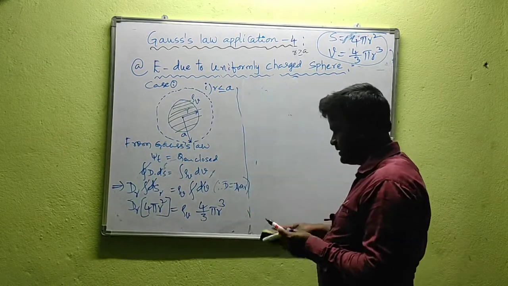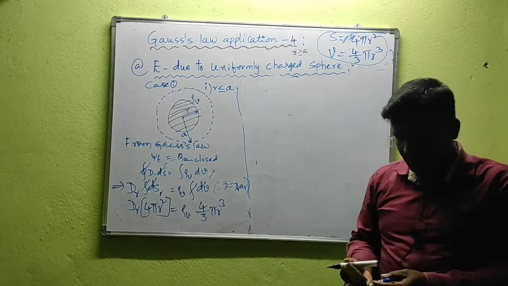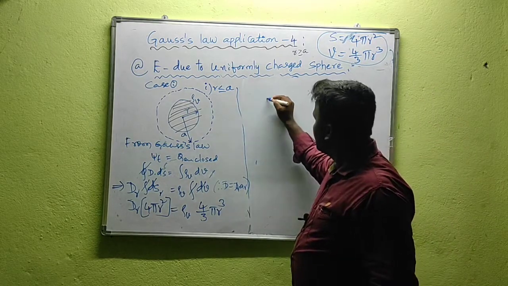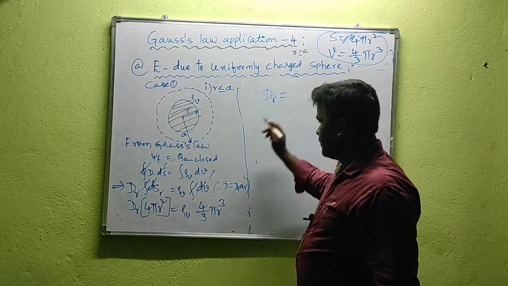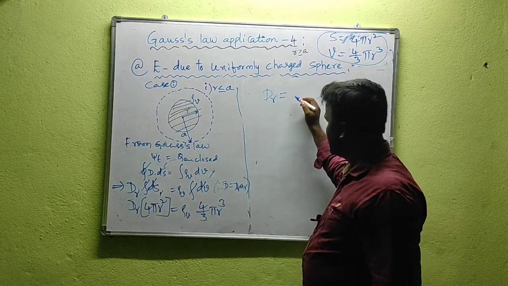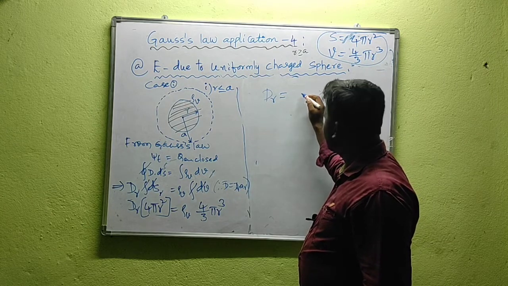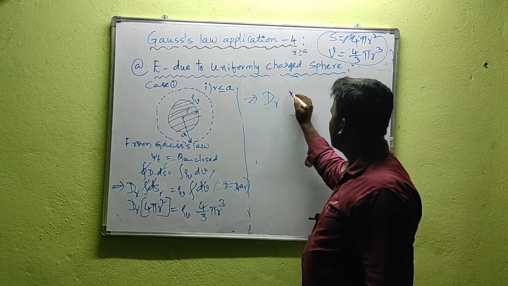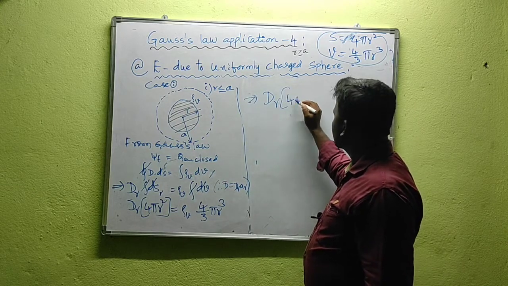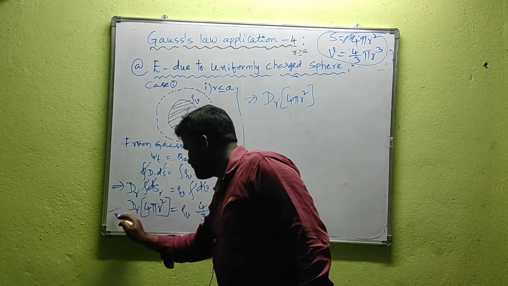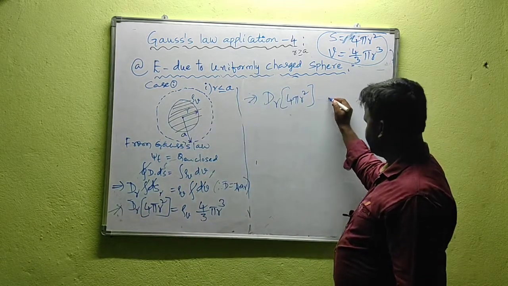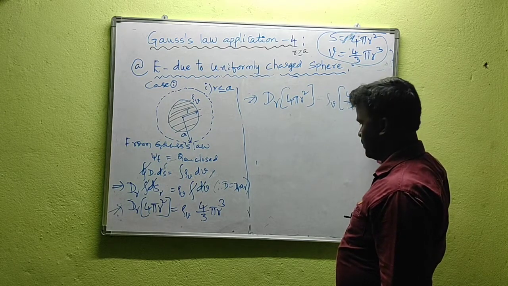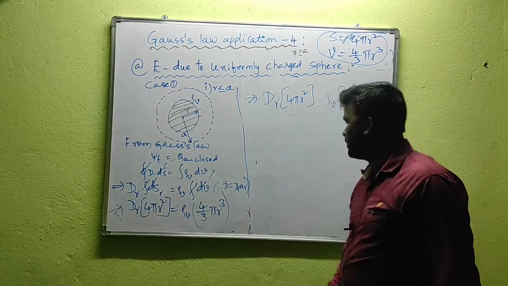Dr 4 pi r square can be written as Dr 4 pi r square. Or else I will write that step again here: Dr 4 pi r square. It also implies Dr 4 pi r square equals rho v into 4 by 3 pi r cube.